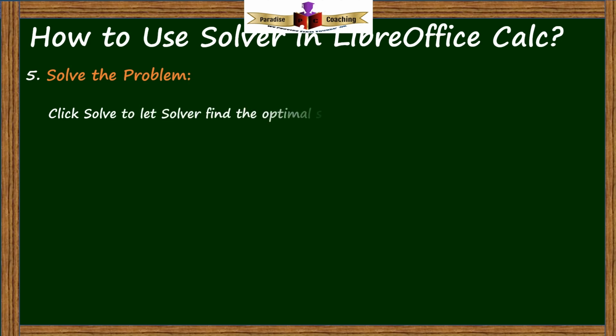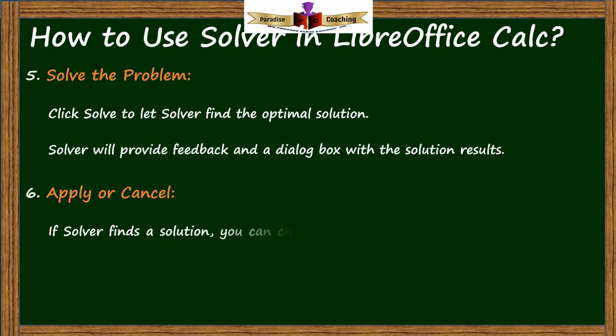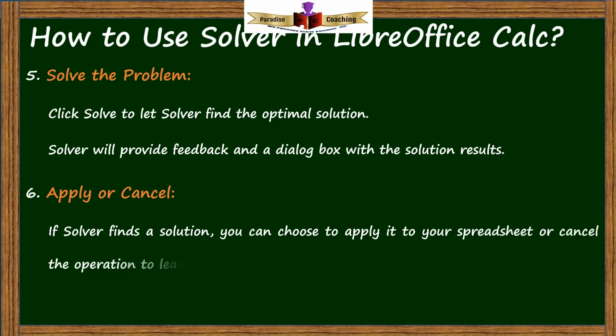Click Solve to let Solver find the optimal solution. Solver will provide feedback and a dialog box with the solution results. 6. Apply or cancel. If Solver finds a solution, you can choose to apply it to your spreadsheet or cancel the operation to leave the data unchanged.